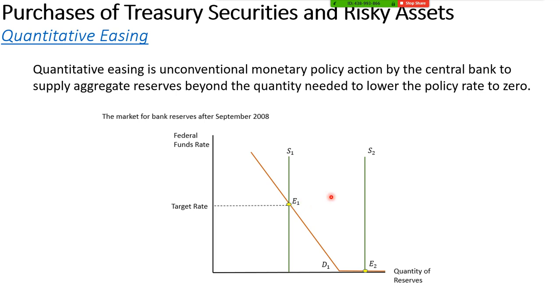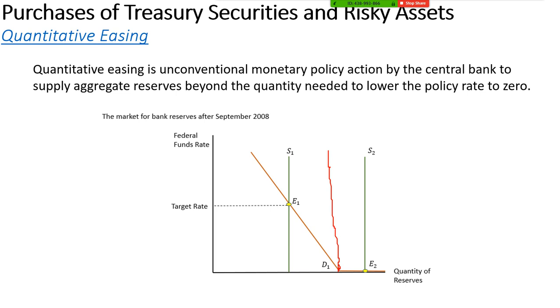We increased our supply of reserves so much that there's our straight supply curve, and remember there's a horizontal part that comes off the end to represent elastic lending that I'm not drawing, just for clarity in the graph. Then my equilibrium is right here, so that the federal funds rate is zero.